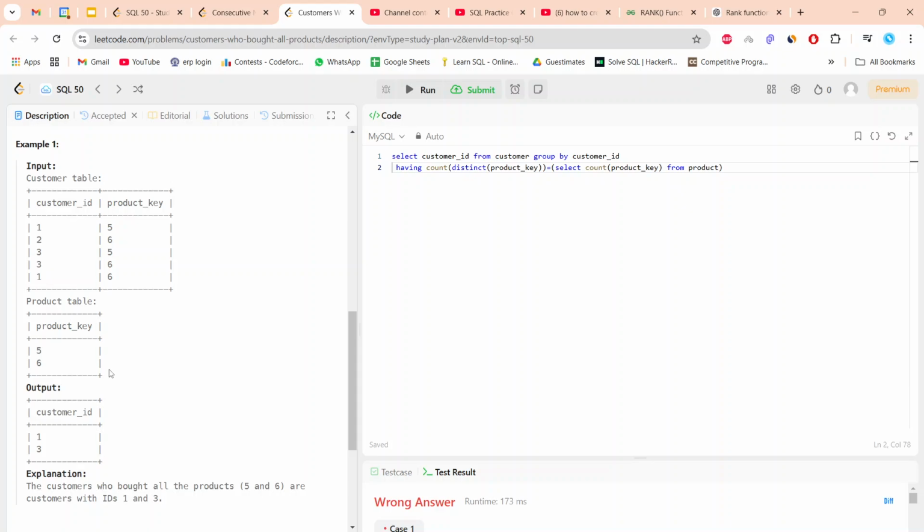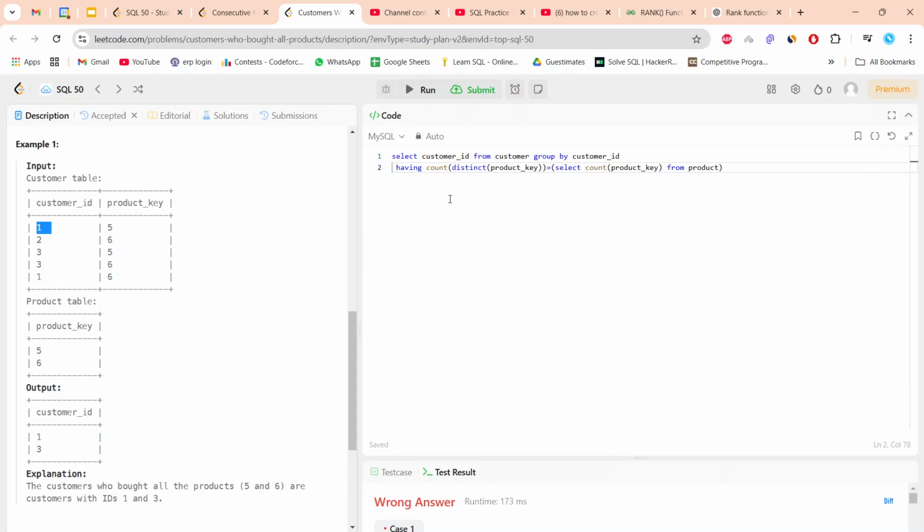So the total count of the unique products must be equal to the count of the unique products bought by individual customer IDs. Let us see this once again. The total number of unique products should be equal to the count of unique products bought by a customer.